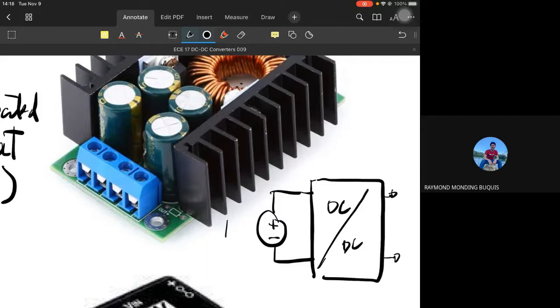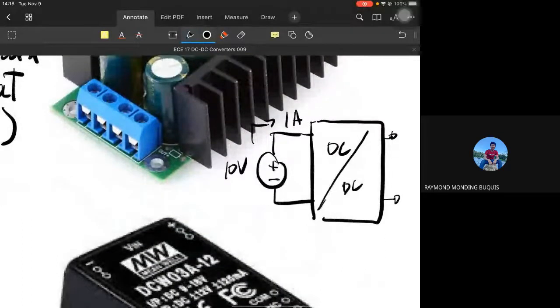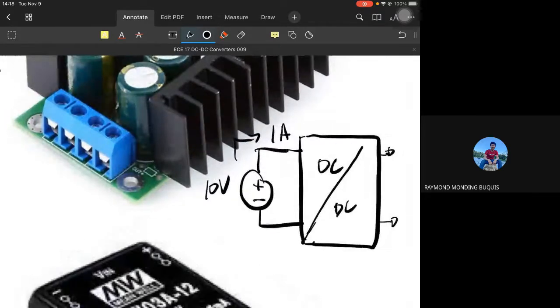If we have 10 volts here supplying 1 ampere, then let's say this is a lossless DC to DC converter. There's no such thing really, but we could design a DC to DC converter as close as that. So if the output here is only 5 volts, half, expect the ampere to be times 2. So there is a trade-off.